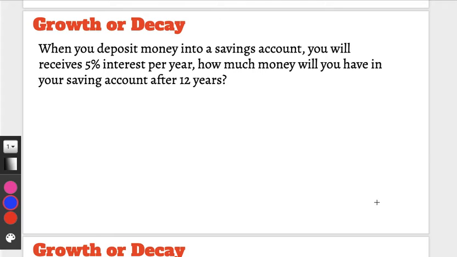But generally speaking, the bank will give you a certain amount of interest to increase the value of the money. So since we have the interest in there, we know it's going to be increasing the value. So this is going to be the model we are going to try.